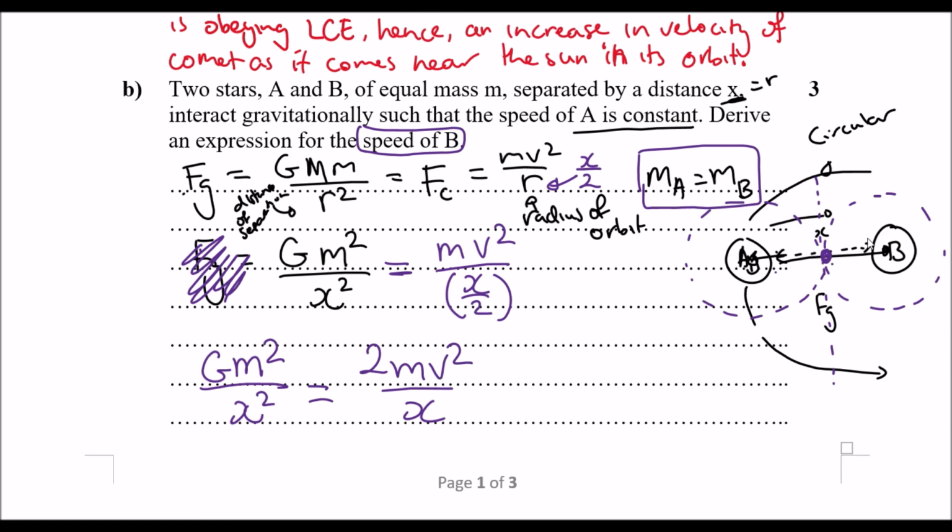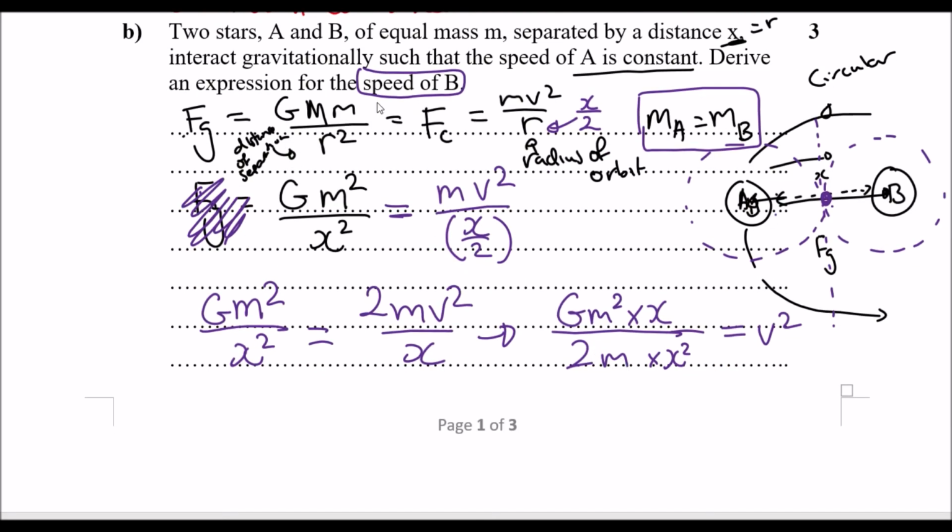We want to know what B is, or how to find an expression for B. So let's move the equations along. x will be times up here, so it'll become Gm squared times x, 2m down here, so it'll be 2m times x squared. That equals v squared.